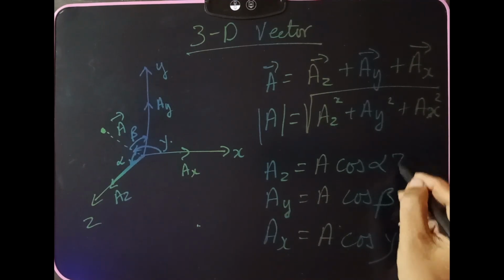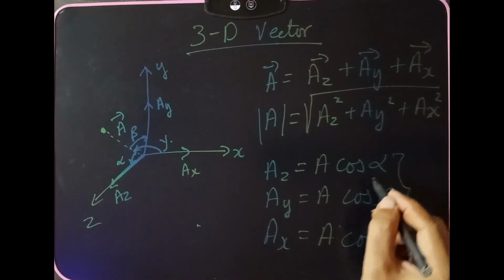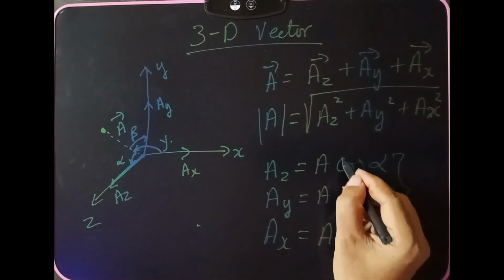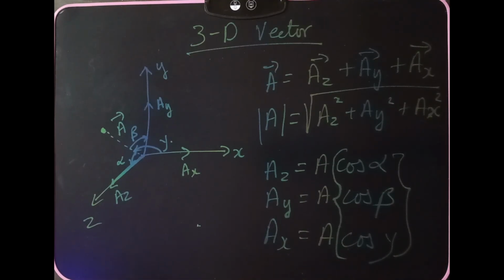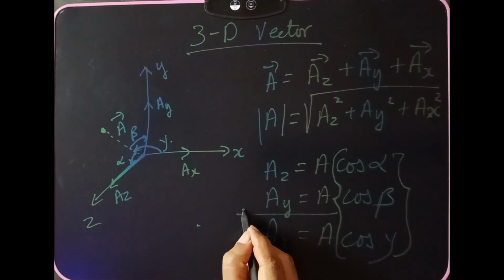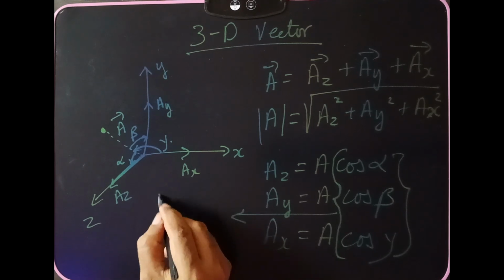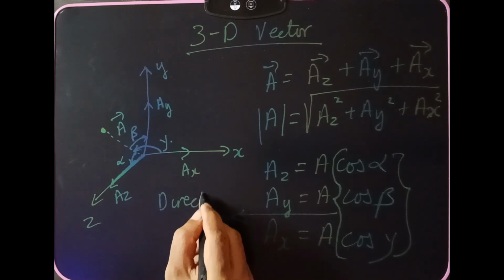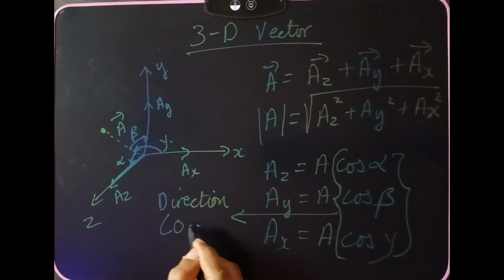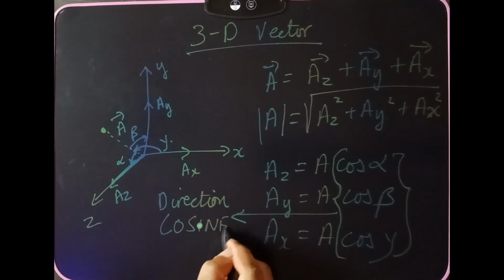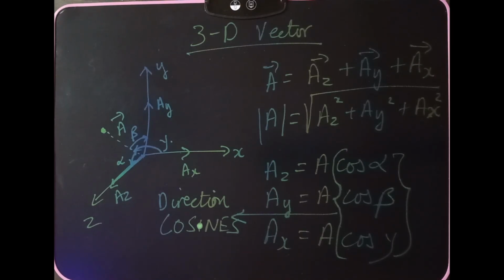These components here, cos alpha, cos beta, and cos gamma, are called direction cosines of the A vector.